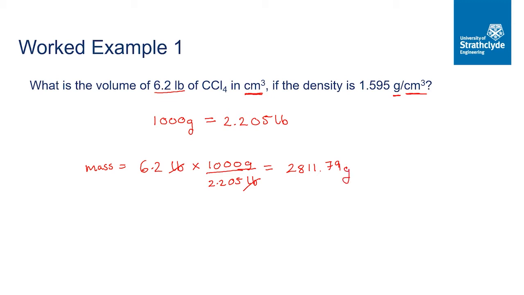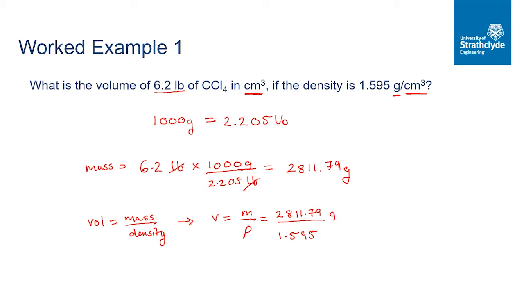Now, the volume is simply given as mass divided by density. I may choose to present this as symbols: V is equal to M divided by rho. That is equal to 2811.79 divided by 1.595.